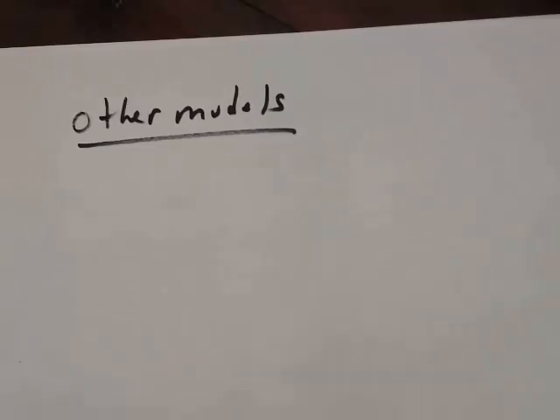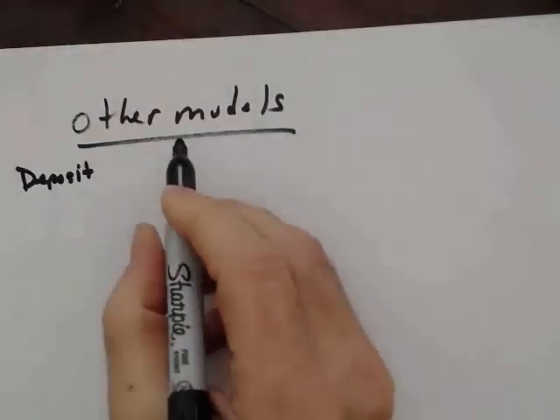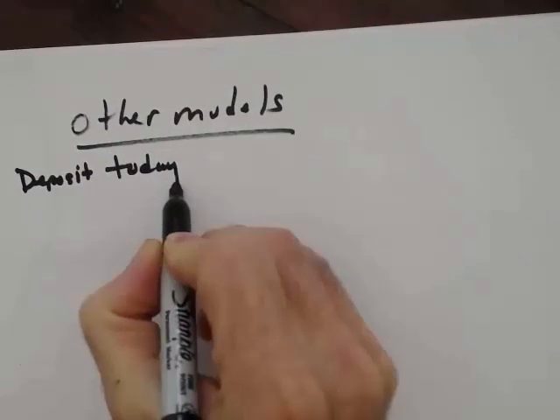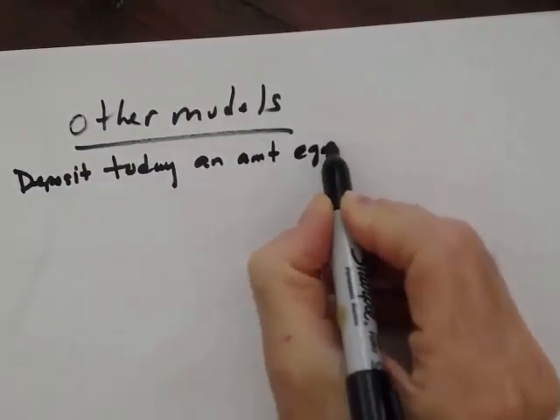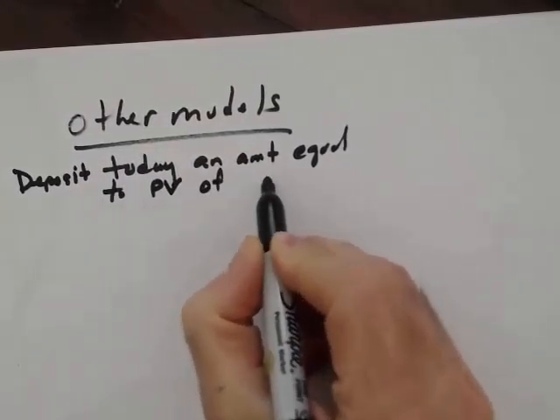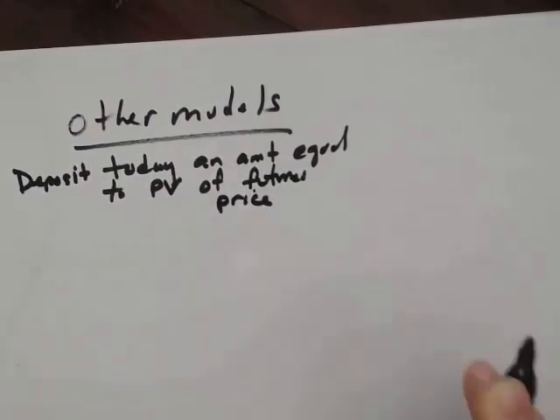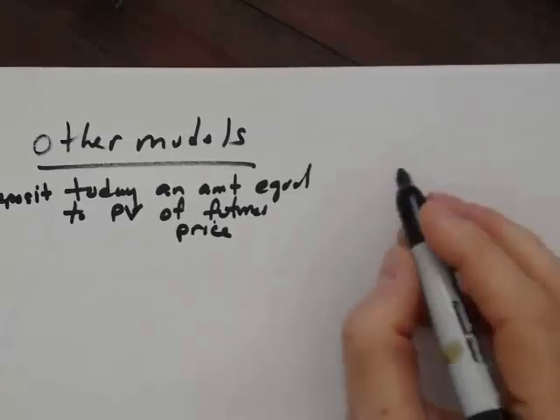So let's deposit today an amount equal to the present value of the futures price that we're going to have to pay in the future. And so we're going to deposit that into a bank account.